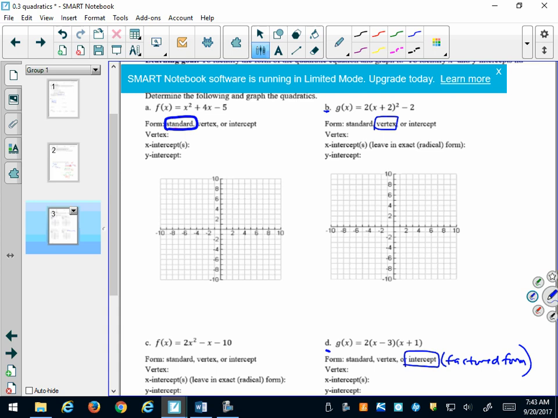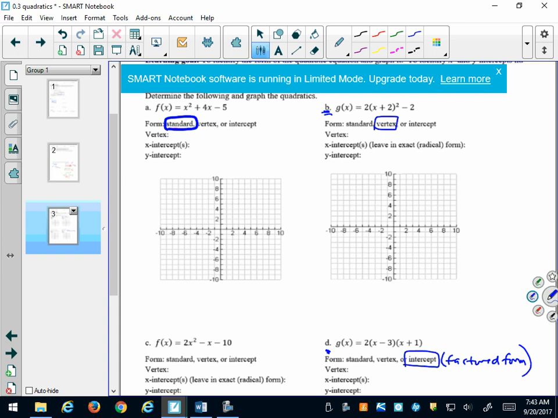You need a vertex and you need two other points, right? So when you have the vertex given to you in the equation, you have to work to get the intercepts. When you're given the intercepts, you have to work to get the vertex. There's no real easy get-it-all-at-once. You have to work for something, okay? Standard form, you really have to work for all of it. It's not the best form for graphing, let's put it that way.